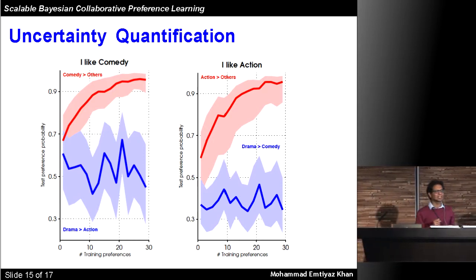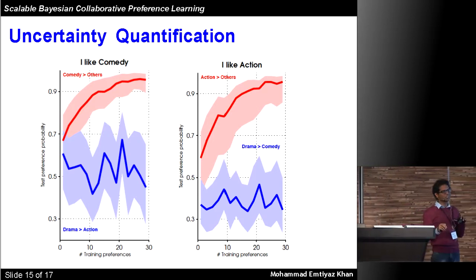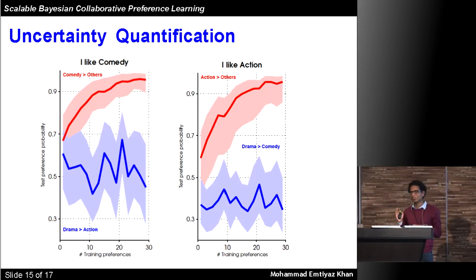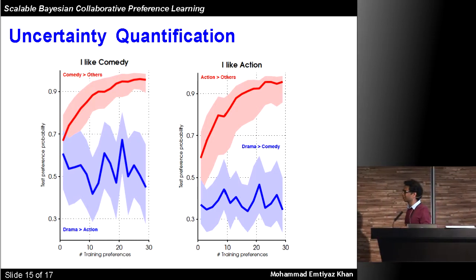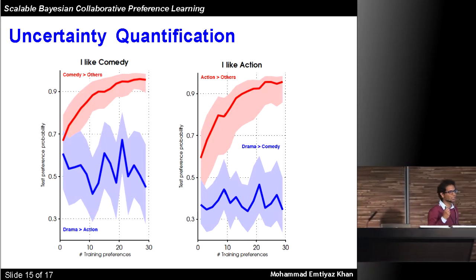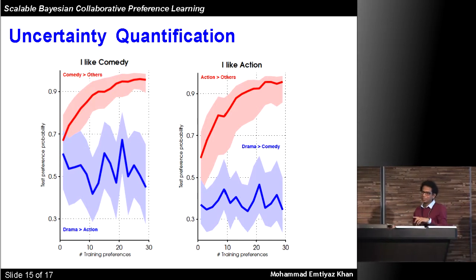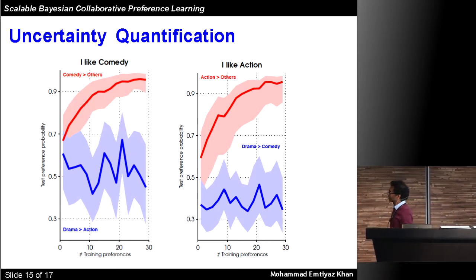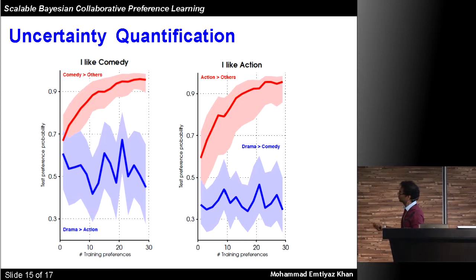But she never says anything about whether she prefers drama over action or not. She's only giving you data that she likes comedy, because perhaps she always clicks on the comedy movies. As time goes by, the method becomes more and more confident. This is the probability of how much she prefers comedy over others, and it becomes more and more confident. But for the other two categories, the probability remains very neutral, as we would expect from a method. It's around 0.5, and you're not sure if she likes them or not. So it's quite robust at quantifying uncertainty. You can do the same thing with action.